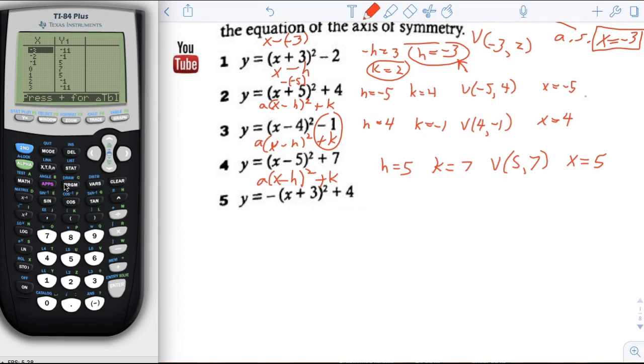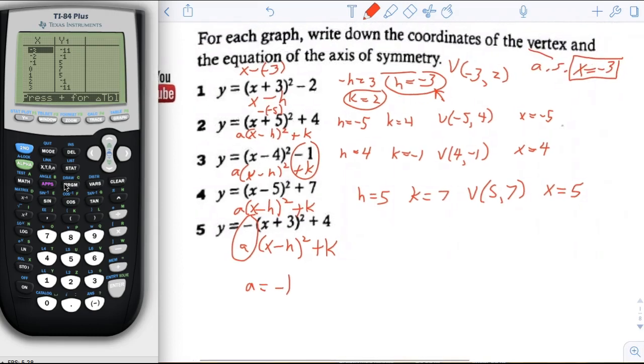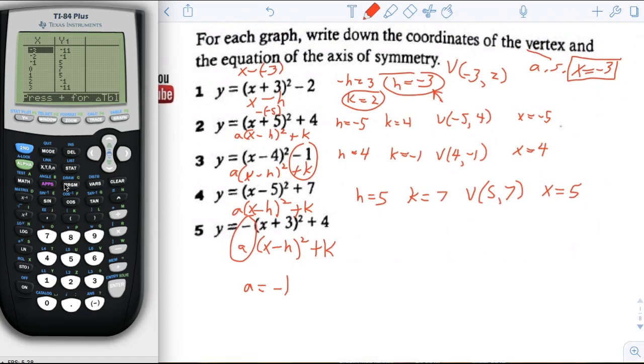Last one. So, oh, this is interesting. Now when we match up the vertex form, we can see something new. Do you see how the a value matches up with the negative sign here? So in this case, the a value happens to be -1. Now they didn't ask us about the a value. They only asked us to find the vertex, so we don't need to really worry about it. So if you see x plus 3, there's no minus sign there, and that might confuse you.